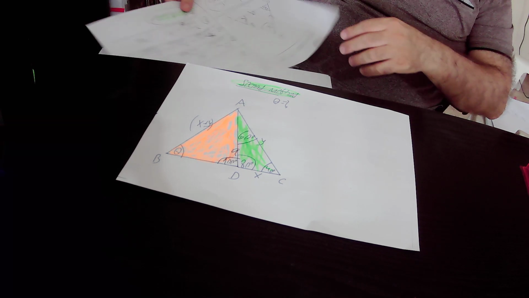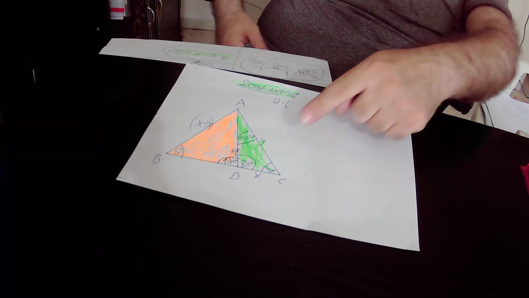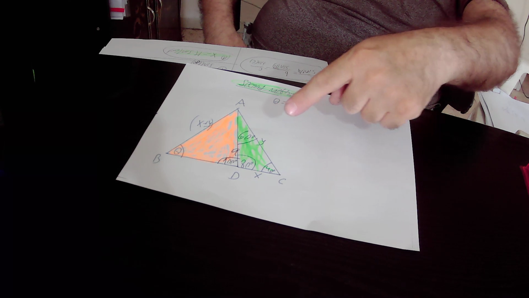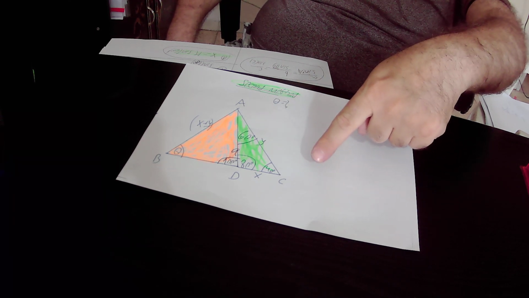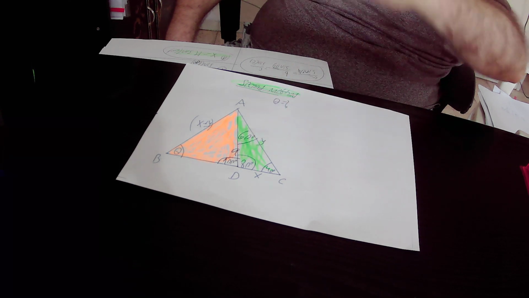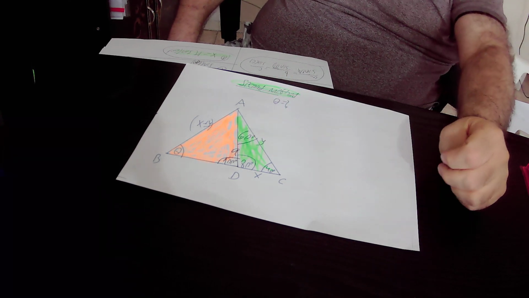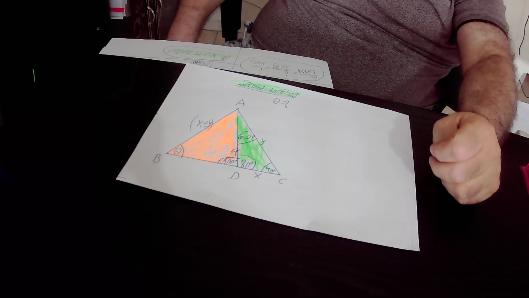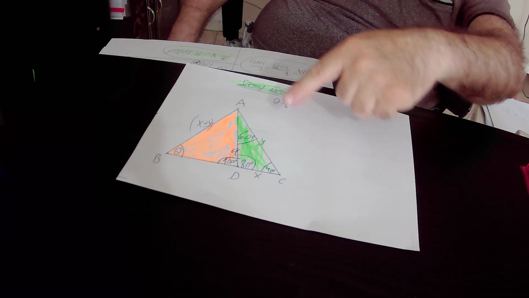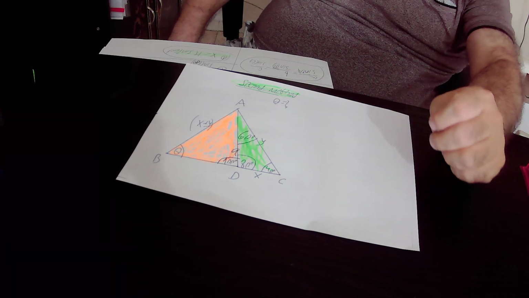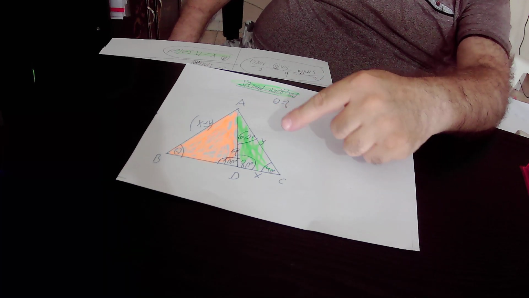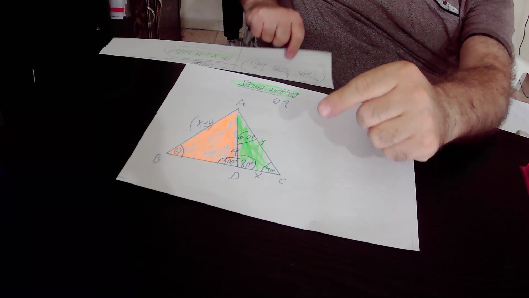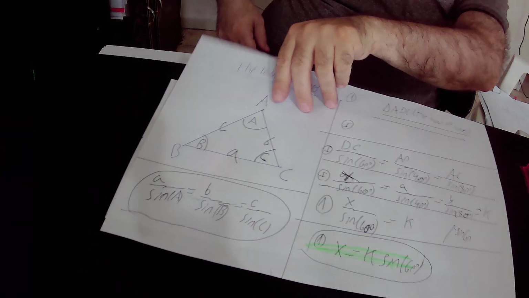According to the law of sines, DC over sine 60 degrees equals AD over sine 40 degrees, and it is equal to AC over sine 80 degrees. Then AD equals A, AC equals y, and DC equals x. So we substitute AD by A, AC by y, and DC by x, and we got this equation.